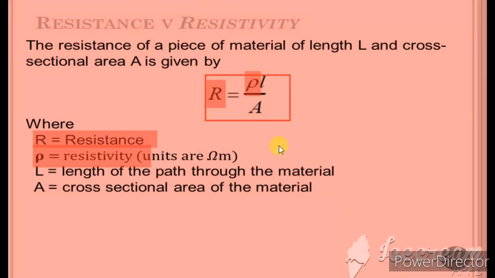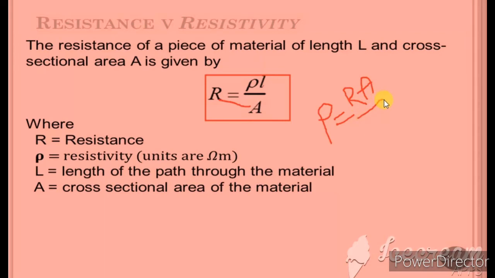So this is the formula for resistance, and from this we can also write the formula for resistivity, because rho is the resistivity. So rho is equal to R into A divided by L. Here, this side we have the term R, and when you cross multiply, we get the term A, and because L is in the numerator, it comes to the denominator.